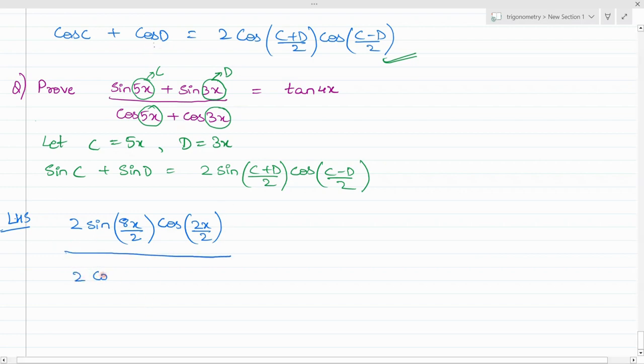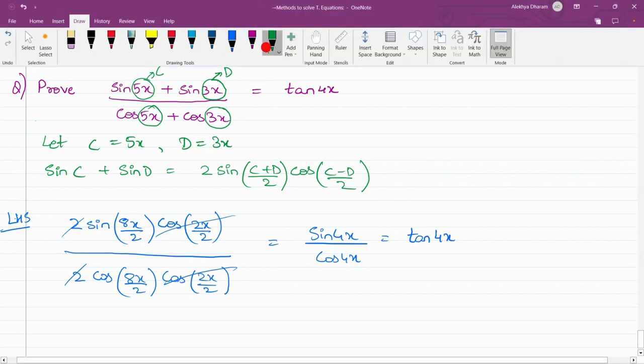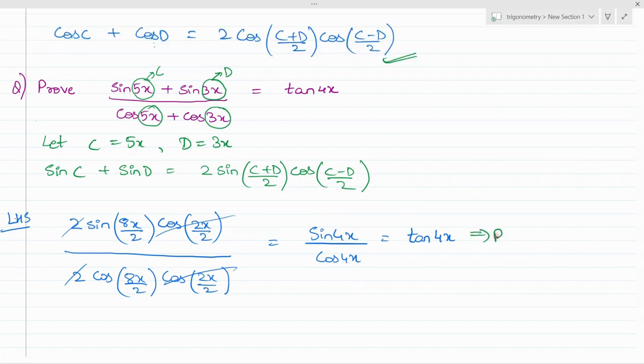So it becomes 2 cos 8x by 2 and cos 2x by 2. Here we can cancel these two values. So the leftover is sin 4x by cos 4x. Sin theta by cos theta is nothing but tan theta, where theta is nothing but 4x. So finally, we got the required RHS to this question.